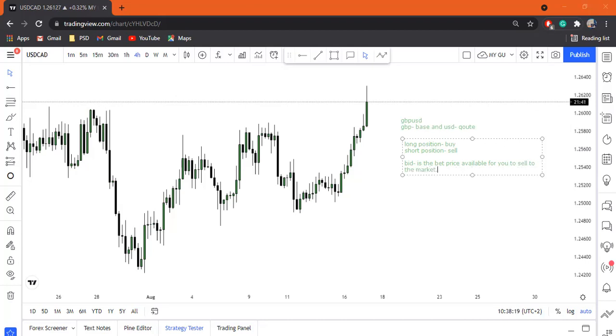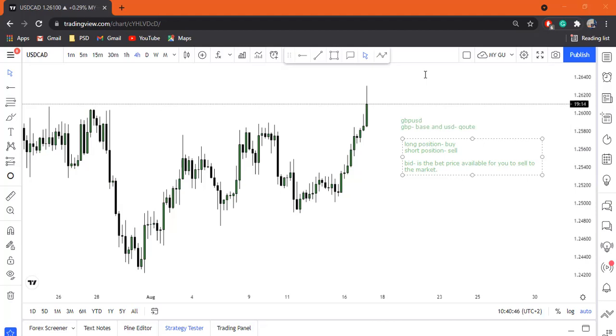That means, like we explained earlier, when you want to sell pound USD, the bid is the best price that you can sell at in the market for you to receive even more profits. So if you want to sell pound USD, then your broker will buy what you are selling at the bid price.